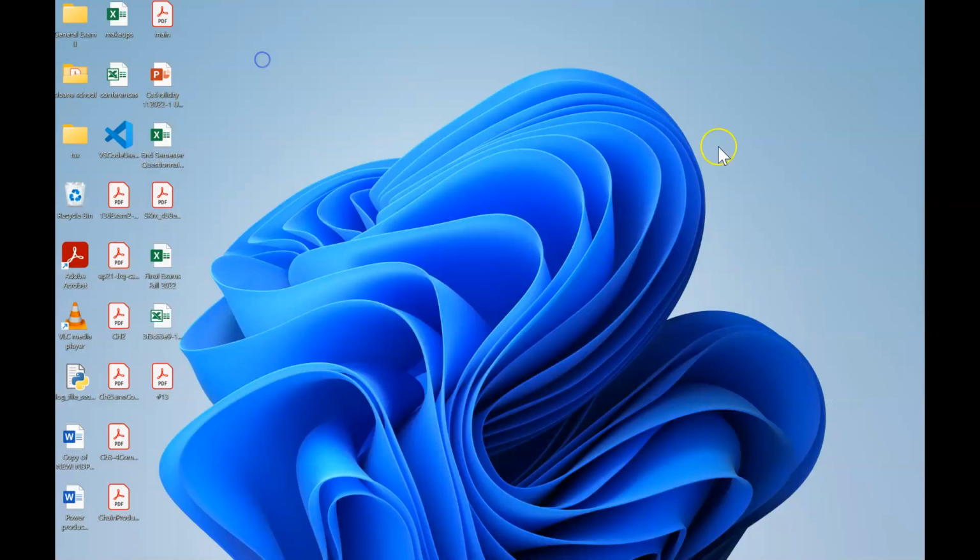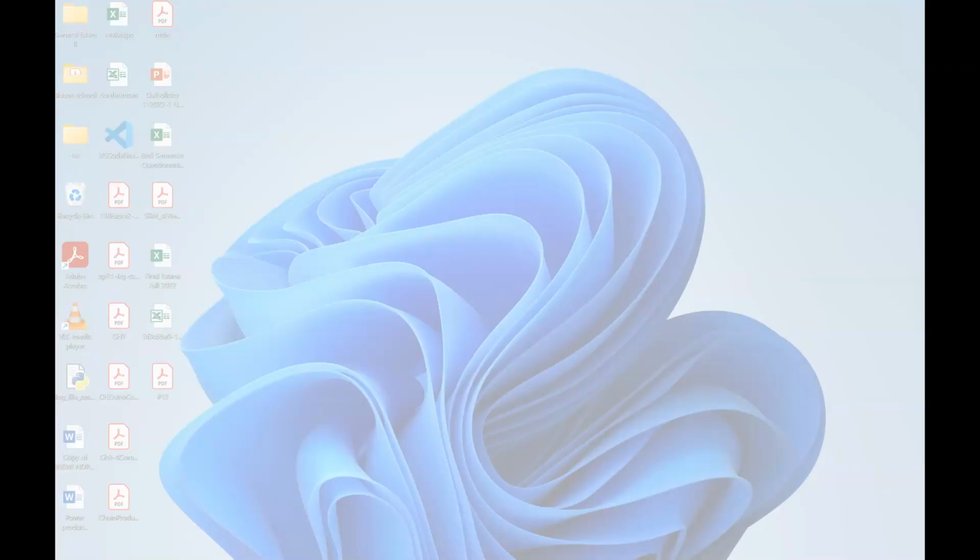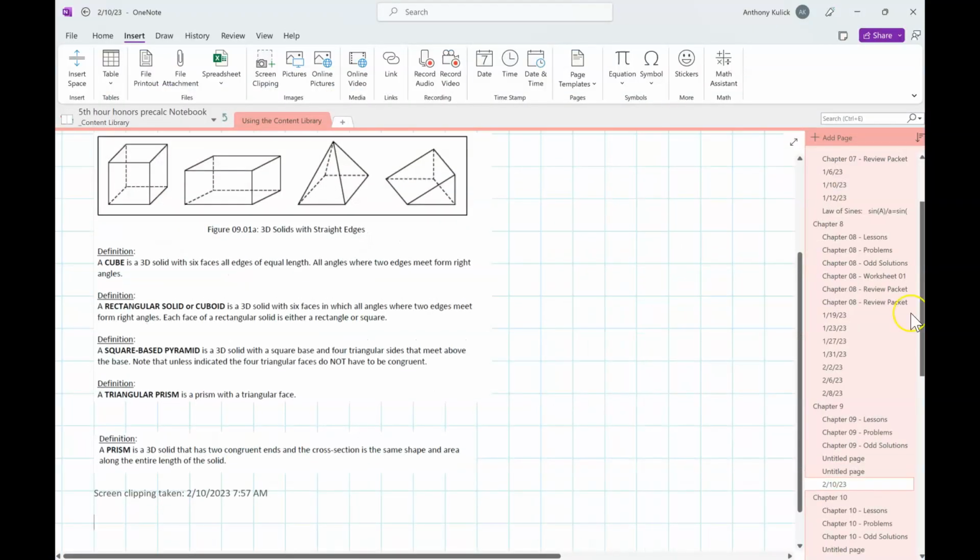In general, we can talk about any kind of prism as just being some 3-dimensional shape with 2 congruent ends, and the cross section has the same shape and area along the entire length of the solid.